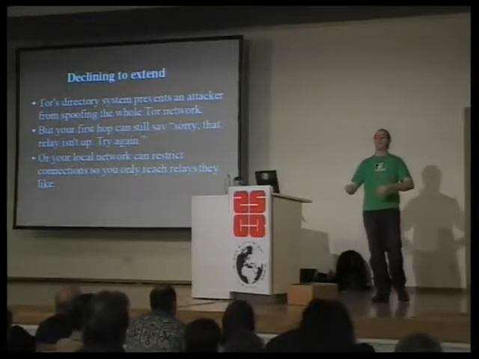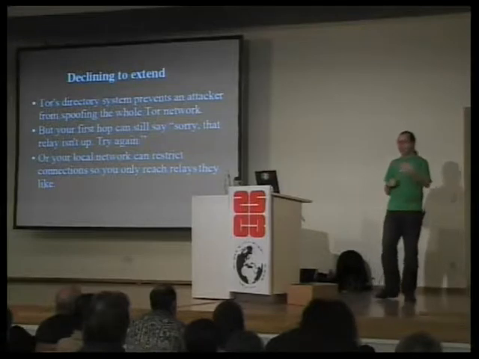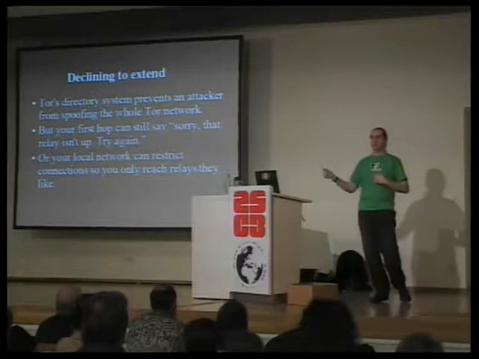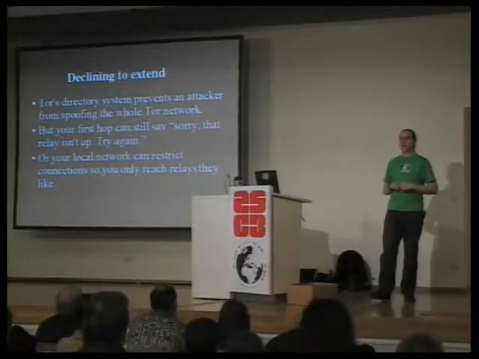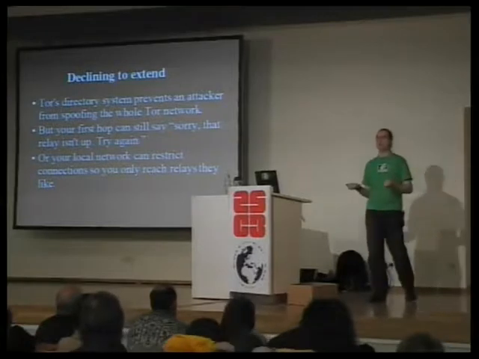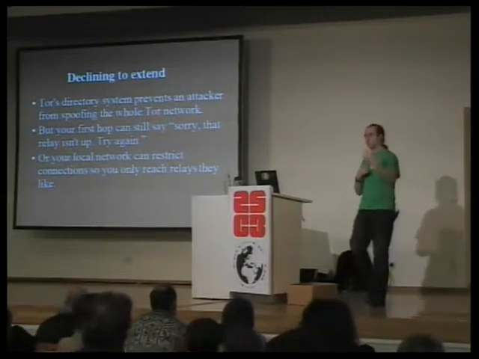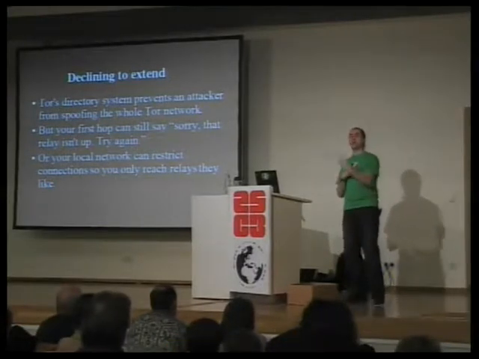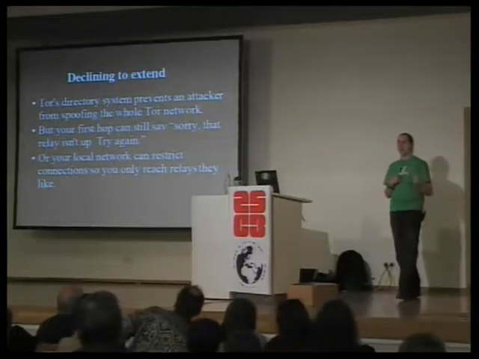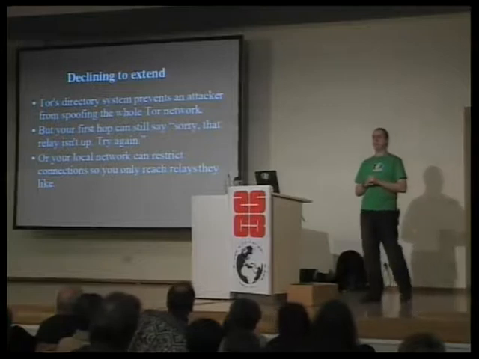And he says, oh, he's down too. After a while, you eventually pick one, and they say, oh, yeah, that guy works great. Here it is. You establish your next hop. So the attacker, and this works on the local network also, can say, that node you can't reach, that node you can't reach, that node you can reach. Oh, yeah, you can reach that one.